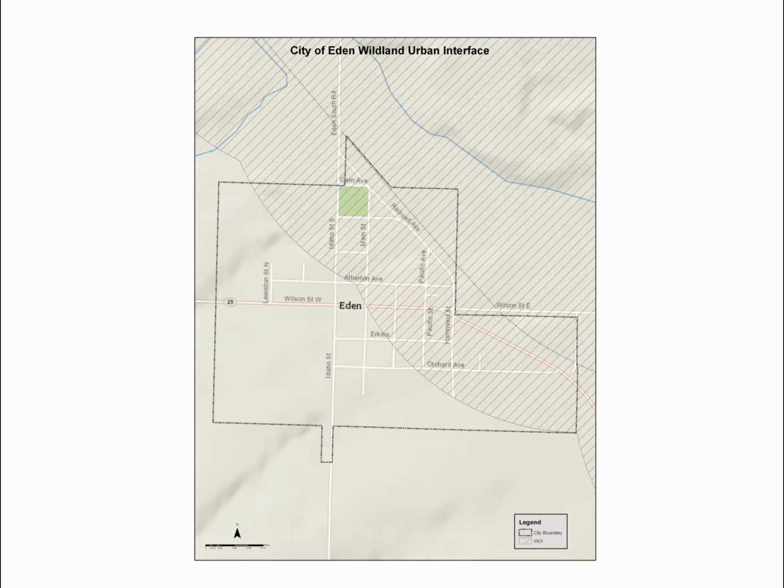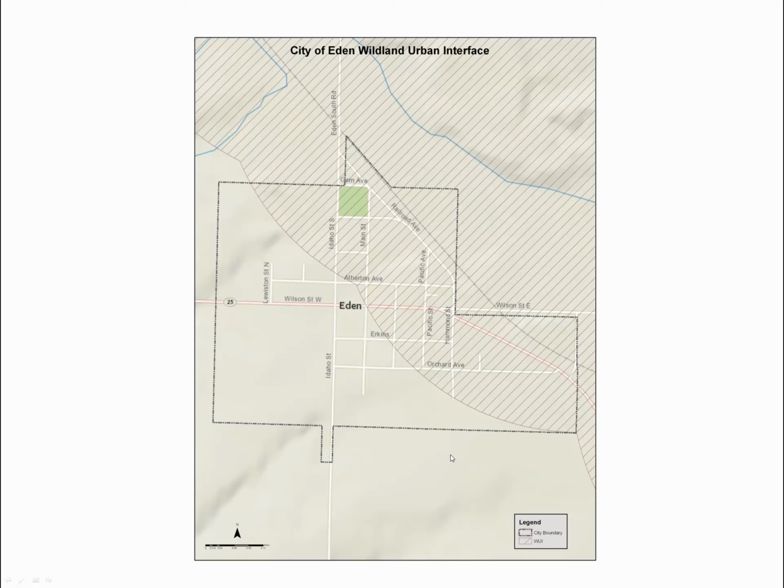The City of Eden is a relatively safe place to be. We show that there is a potential wildfire interface between the areas to the north and east of Eden. Note this hashed area is the area that's been determined as a wildland urban buffer.